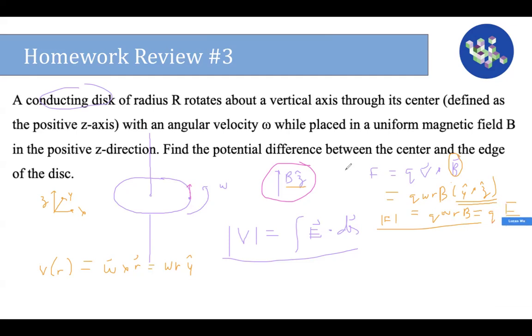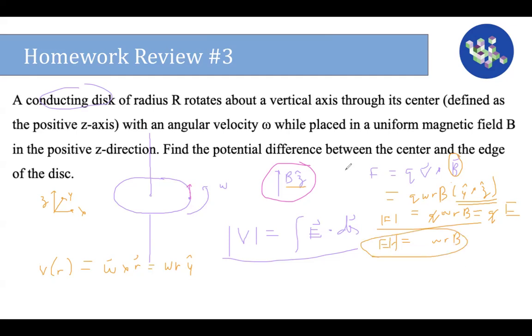Notice how the Q cancels, which is pretty nice, meaning my E just equals omega r times B. And by the way, E is a function of distance from the central axis of the disk. So I'm getting this equation: E as a function of r is omega r B.